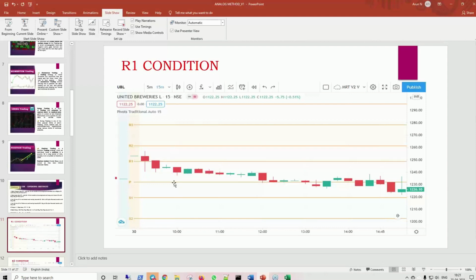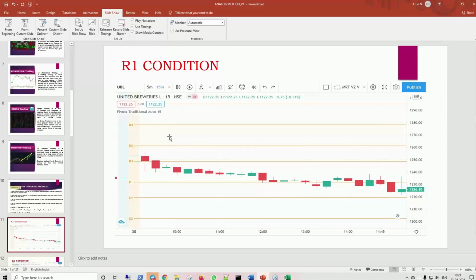So on many days, okay, if you're lucky, you will be capturing the ultimate top. There would have been some positive news or something involved, and there would be a huge gap up opening.